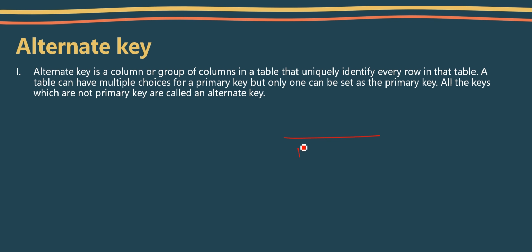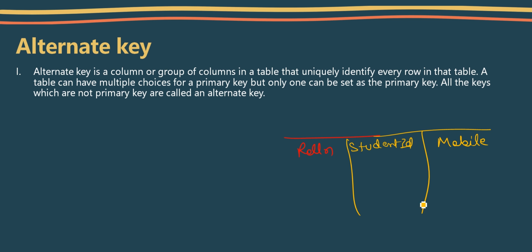So we have different options. Roll number, let's say I'll create roll number, student ID, or let's say mobile number, right? So we have different options to select any one of them as a primary key. So now I choose, so these all three will be termed as what?